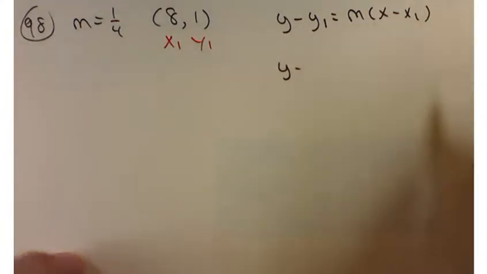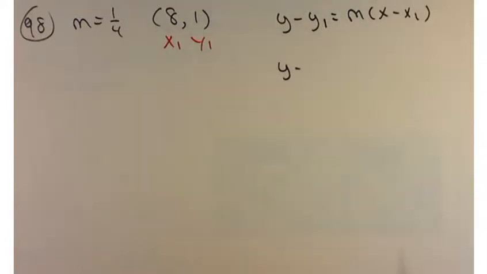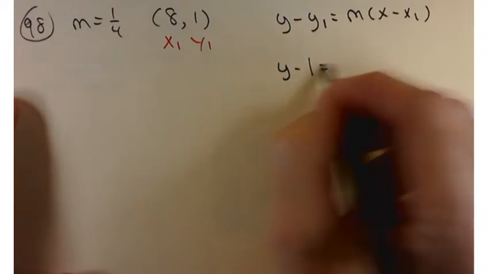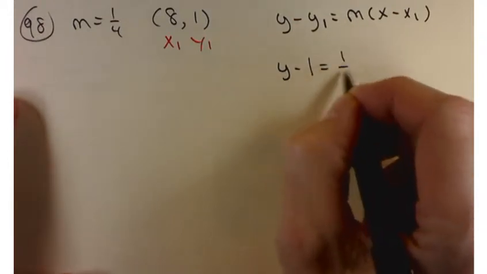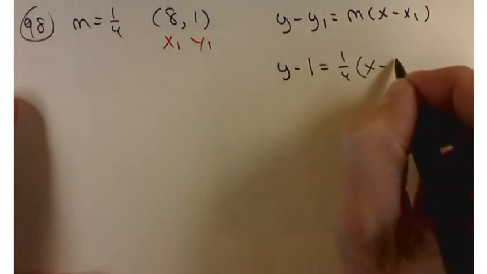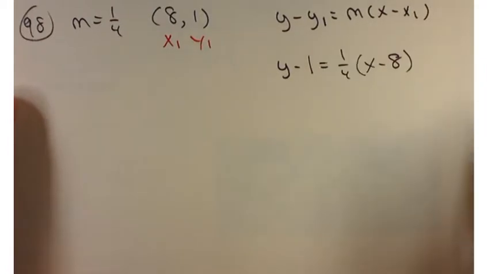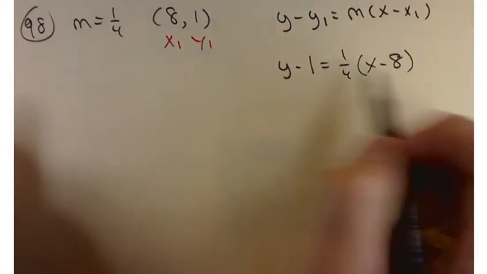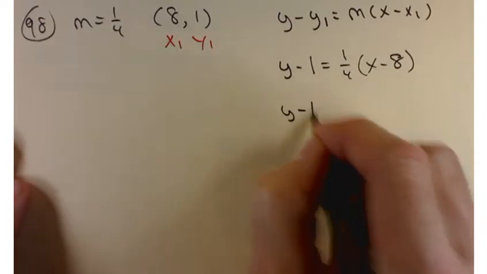Okay, so to fill this in, what's it going to look like? Nathan? Y minus what? Y minus 1 equals 1/4 times x minus 8. Good. Thank you. Now what you can notice is that distributing on the right-hand side is really not all that bad.